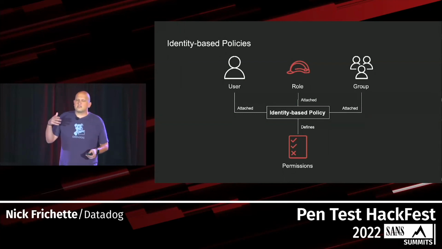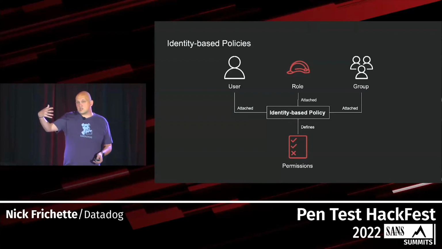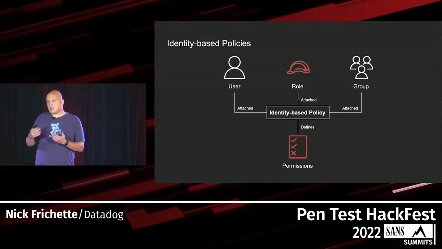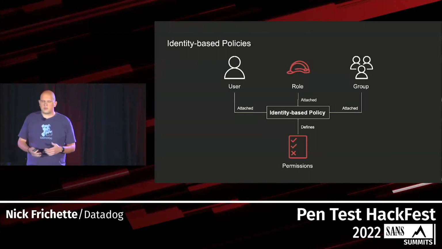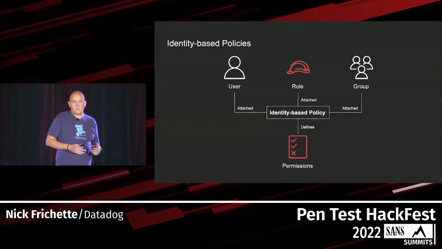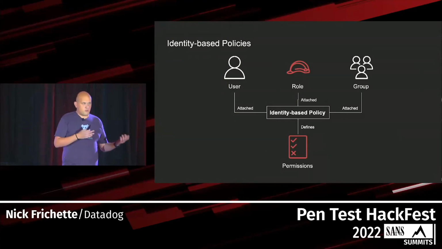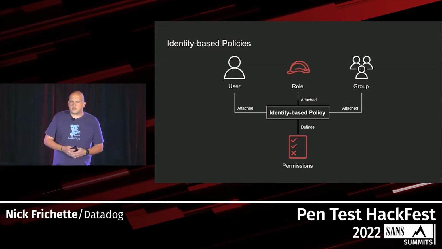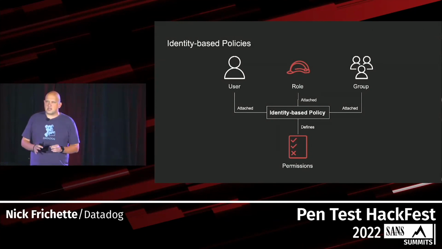And those policies are a collection of statements that define the permissions of that entity, what that entity is permitted to do. In order to do basically anything in AWS, you need to have the identity policy that permits it. So if you wanted to, say, perform that super cool privilege escalation, you need to have the identity policy that would permit it.